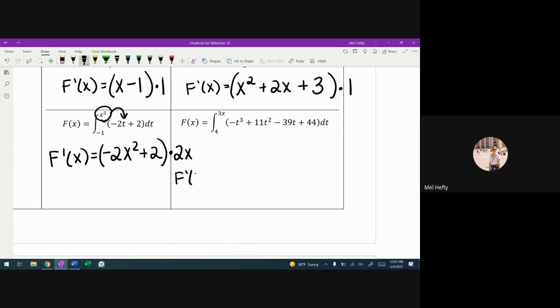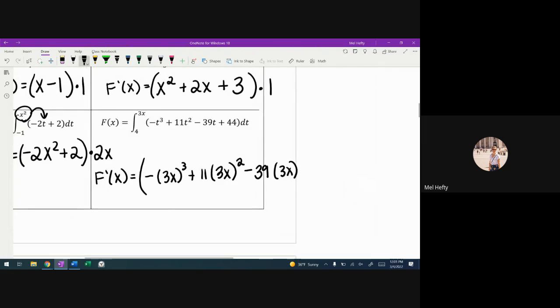Negative 3x cubed. Plus 11 squared minus 39 plus 44, and then times all of it by.